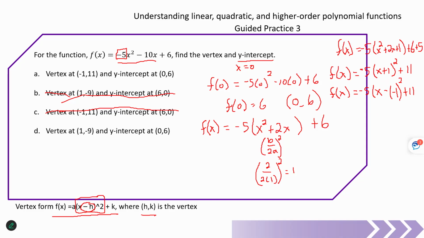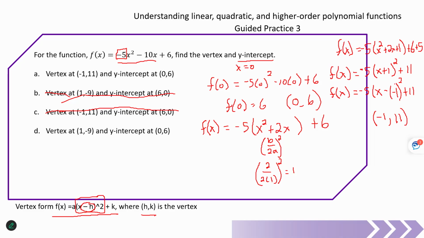Negative and negative gives us a positive. So I can modify that to make it look like our form down here. So now I can see that when I go to get my vertex, my h is really -1 and the k is 11.